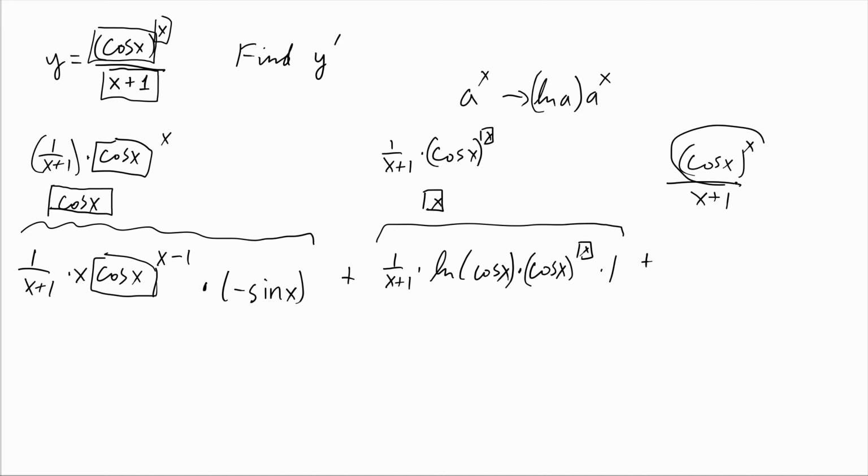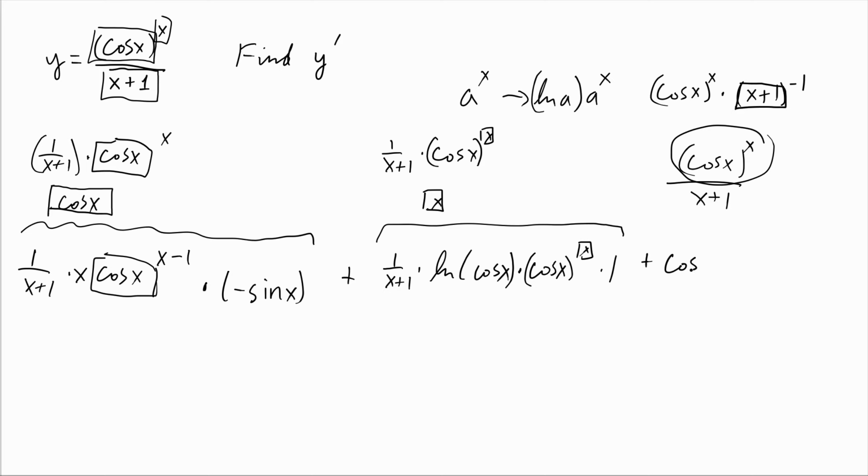You could think of this as cosine x raised to the x as a constant times 1 over x plus 1. Even better, you could think of 1 over x plus 1 as simply x plus 1 to the negative 1, where this is just a constant and this is the variable part raised to the negative 1.